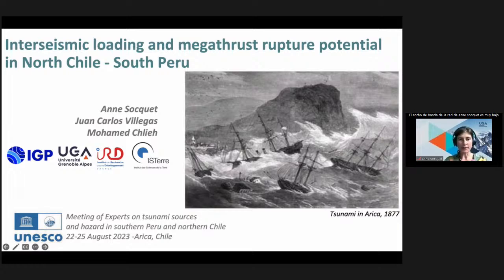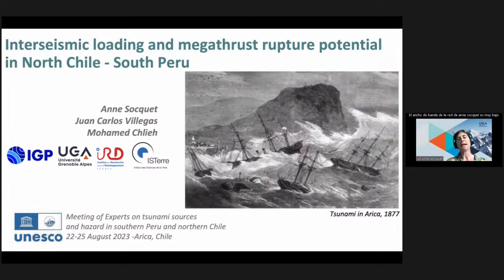The positioning of today's presentation is to try to make the link between interseismic loading and earthquake potential.